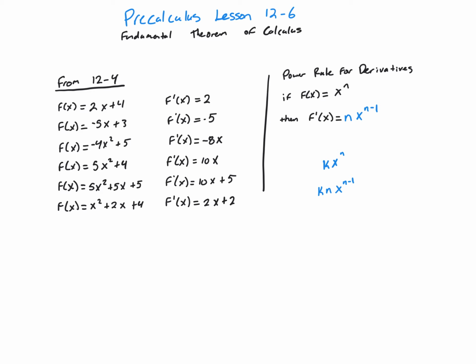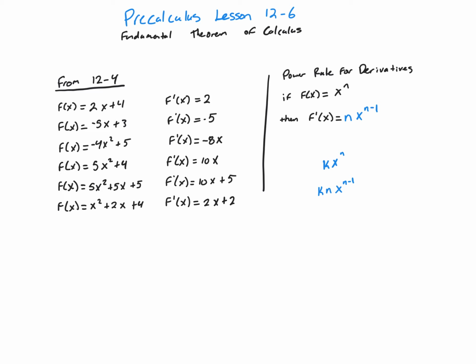So even if you have a constant, like a 5 in front of it, you take the exponent, multiply by the number in front, and reduce the exponent by 1. That makes finding derivatives a whole lot faster and easier whenever they're in this form.